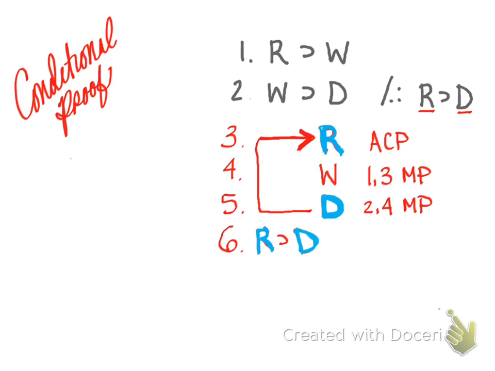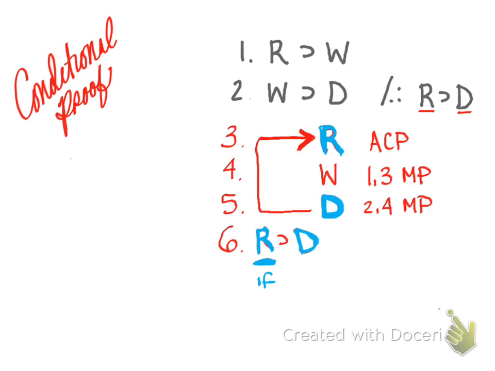So basically what I did was I showed that if R is true, it follows that D, so I conclude if R, then D. And notice a conditional includes a big if. I'm not saying R is true, I'm saying if it's raining, if. So this is the basic idea behind a conditional proof.